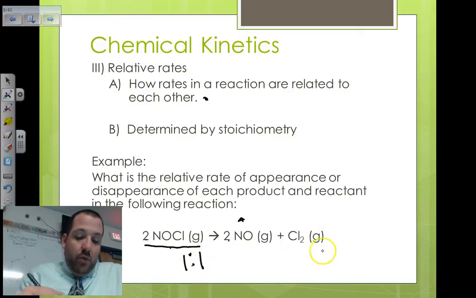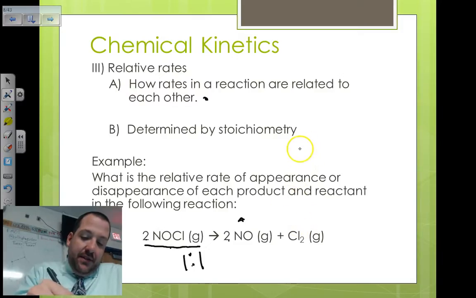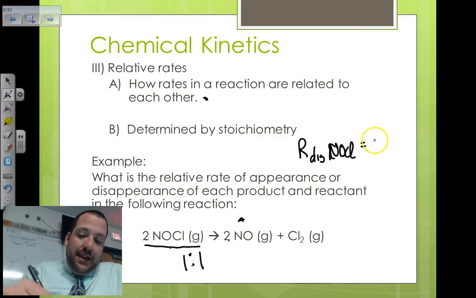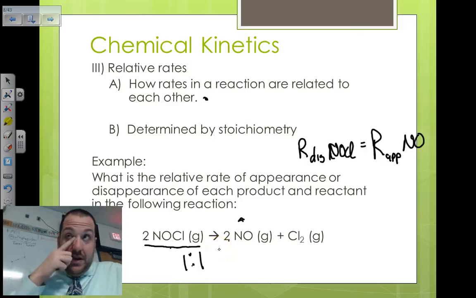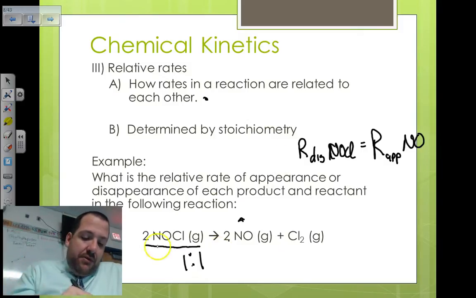If the mole ratio is 1 to 1, the rate of disappearance of NOCl is going to equal the rate, capital R, of appearance of NO, because it's a 1-to-1 ratio. Now, when we compare this to this, what's this ratio?